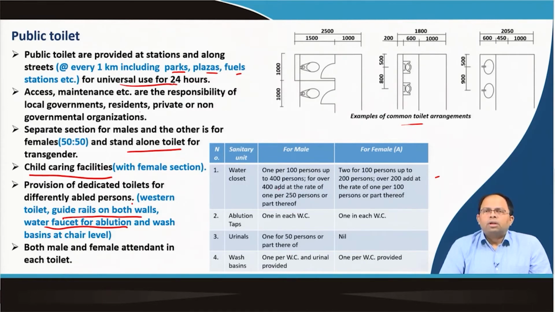How many water closets are required depends on the number of people who will use the toilet. In public facilities we have to make those estimates, and based on that provide the number of water closets, ablution taps, 1 in each WC, then urinals, 1 for 50 persons or part thereof, and then wash basins. In that way we have to provide these facilities in the toilet.